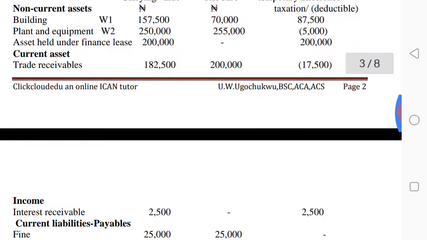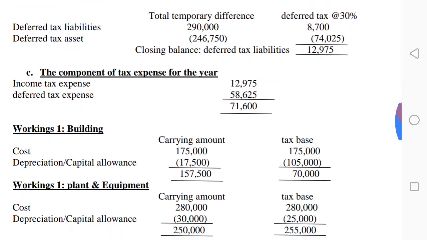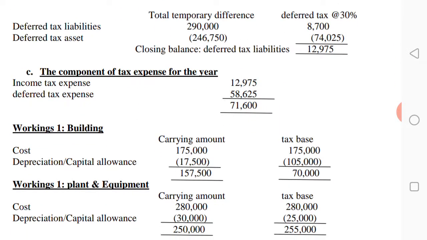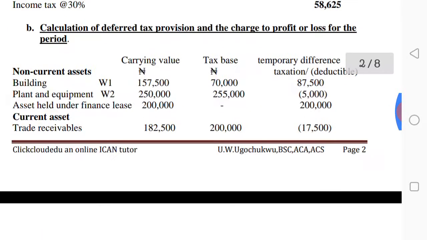You can look at our workings here: we are given 175 million naira for the building, when we less the capital allowance given of 105 million, we have 70 million. So the carrying amount is higher than the tax base, so we have a temporary difference which warrants a deferred tax liability, which is 87,500,000. So that you put 30% on it.